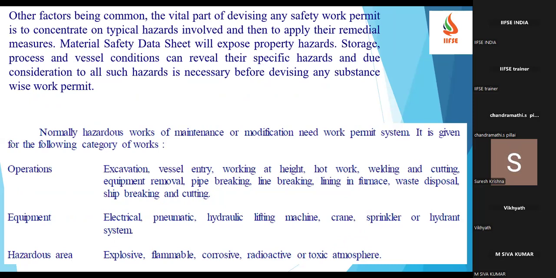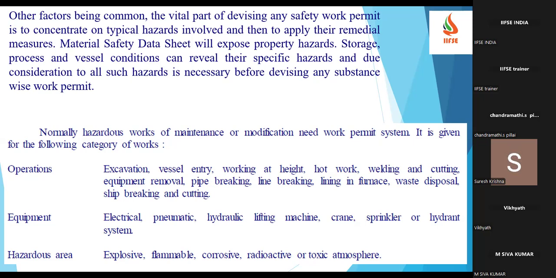So in the sense, whenever you are doing any maintenance activity, you have to understand what type of chemicals are involved for performing this activity. Then we can understand the hazards associated with those materials.